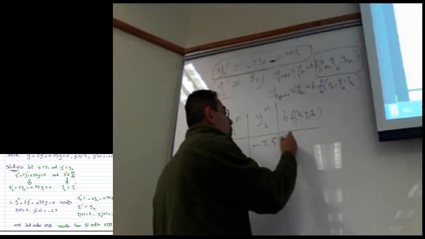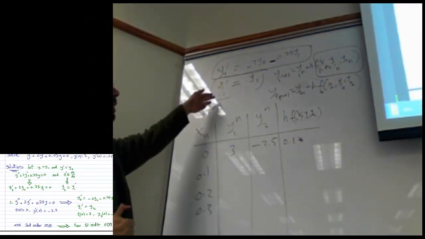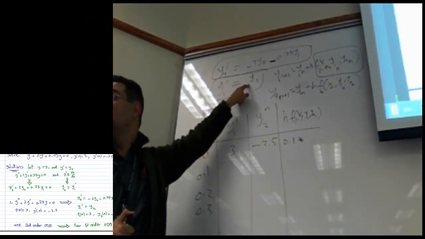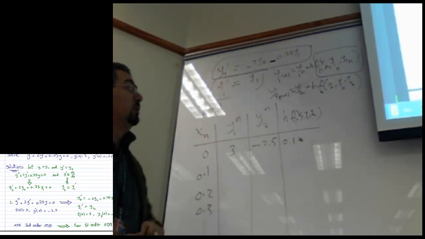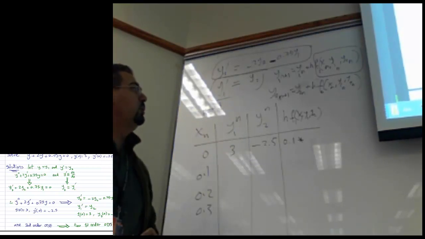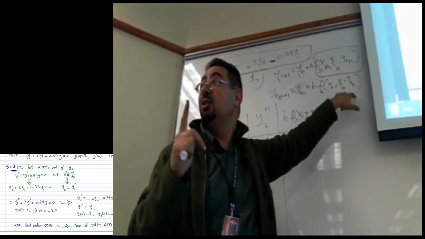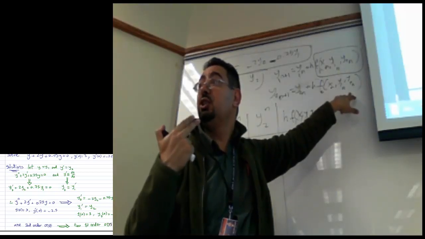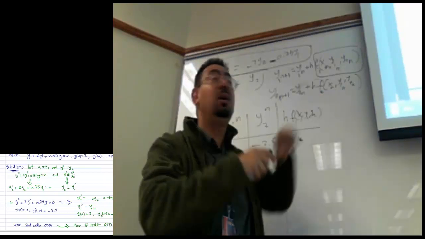So this h will be 0.1 multiplied by what? This is the slope of y1. I go to its equation. It happened to be just y2, right? So y2 of n. This is Euler, so I'm just using the original or the initial slope, right?